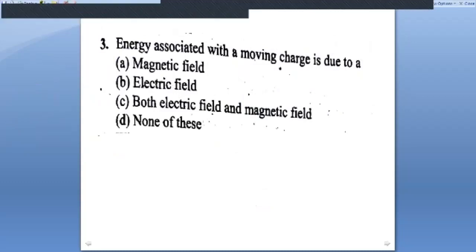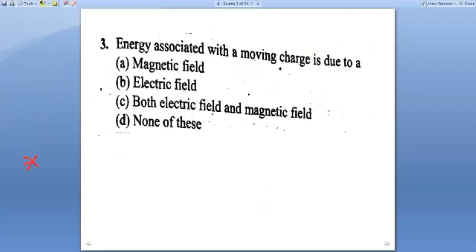Energy associated with the moving charge is due to. So let's take, this is the charge. When the charge is at rest, it produces only an electric field. This is the first thing.